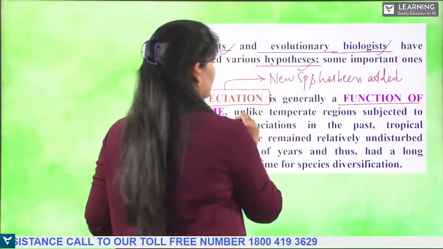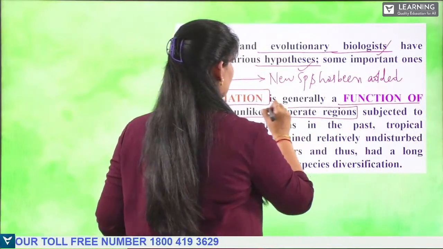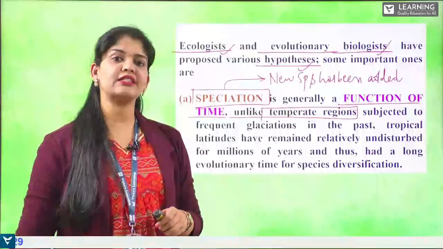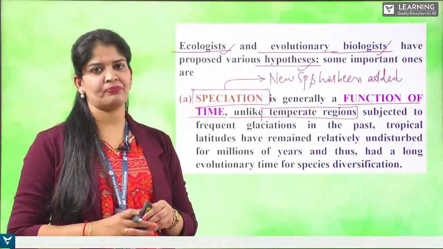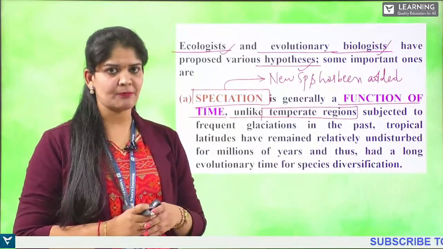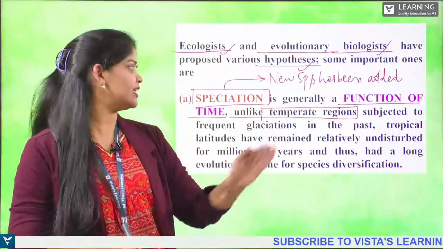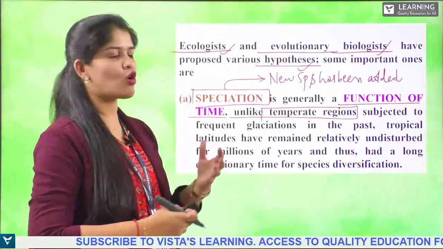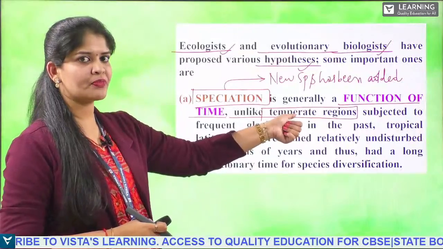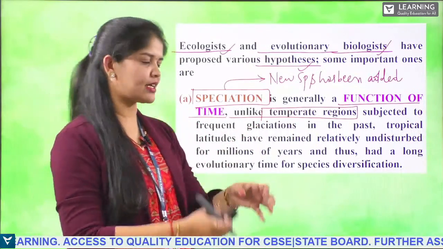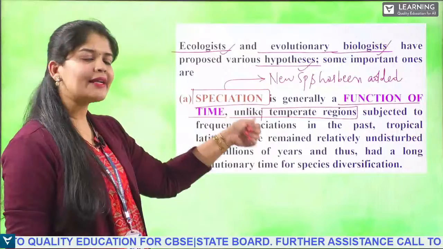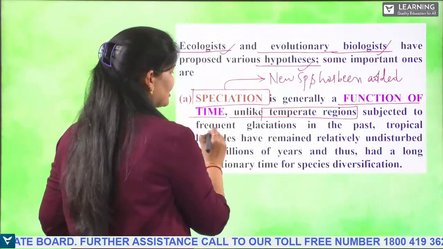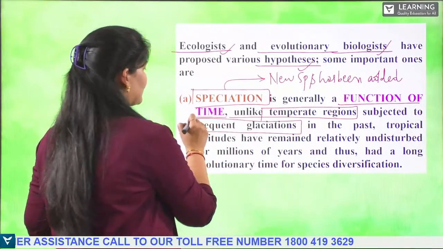And temperate regions cannot maintain constant conditions. Consistency and persistence can't be maintained by the temperate regions. Always these temperate regions are subjected to changes. Unlike tropical regions, temperate regions are subject to frequent glaciations.